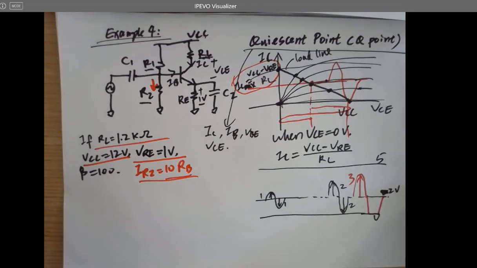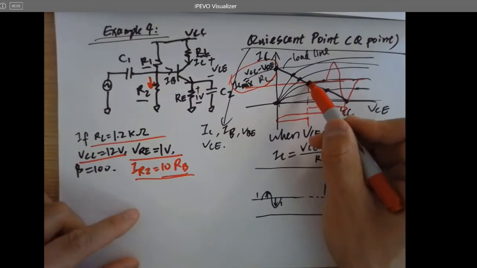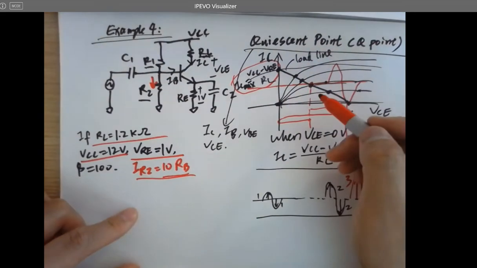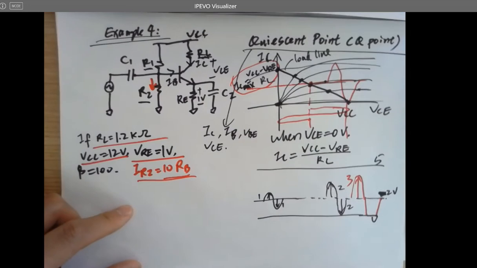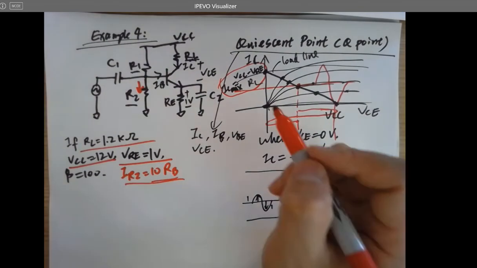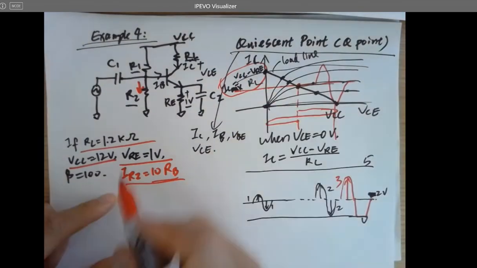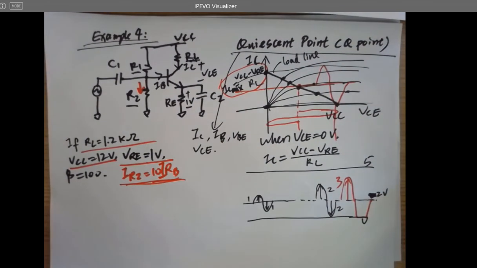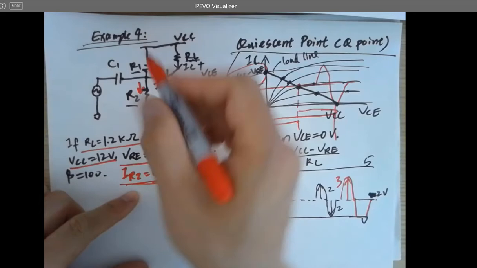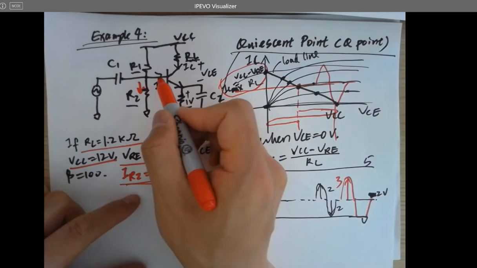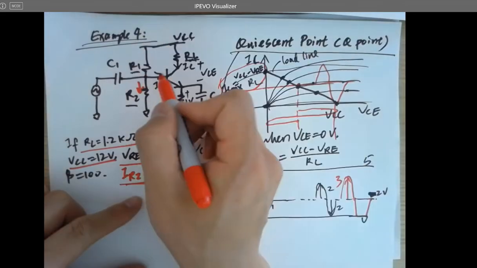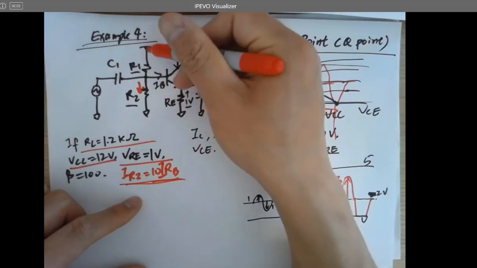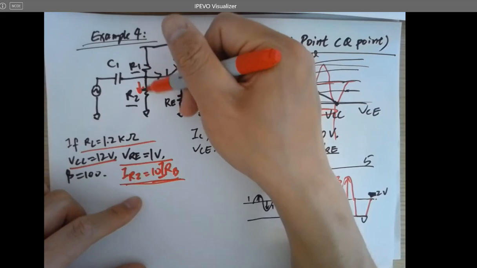I'm going to design the circuit to bias it at a certain IC, and also find the resistors to make that happen, so that IR2 equals 10 IB. The current flowing through here is a lot higher than this. Like a water pipe, you have a lot of water here, so whatever changes over here doesn't significantly change the current here. So it can provide a very stable bias.